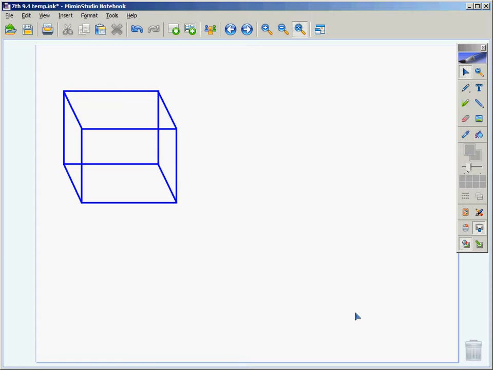The problem you run into is when you're dealing with something like a rectangular prism. I could look at it this way as the two bases, because they're congruent and they're parallel, and this would be the height. But if I blink, I might see it this way. Now these would be the two bases, and this would be the height. And if I blink again, I might see it this way.